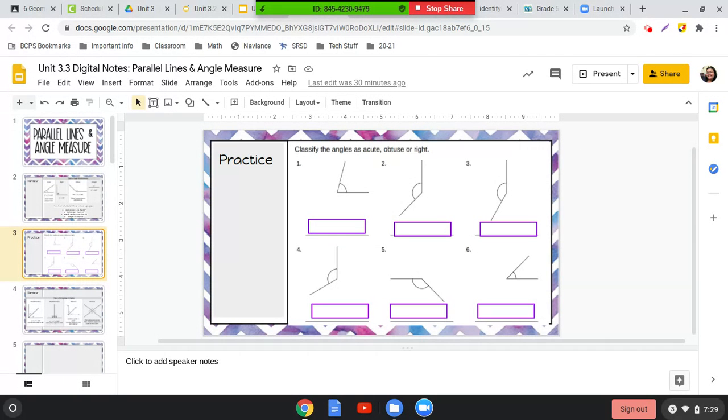I'm going to give us 3 minutes to get this done. If you are finished beforehand, you can just pop on and say finished. Now remember, acute is less than 90, obtuse is anything bigger than 90, and a right angle is exactly 90 degrees.